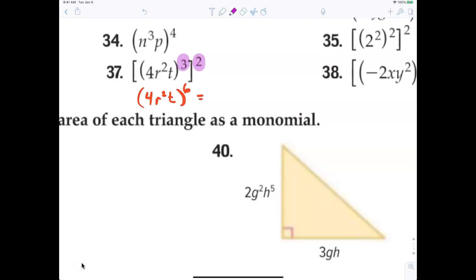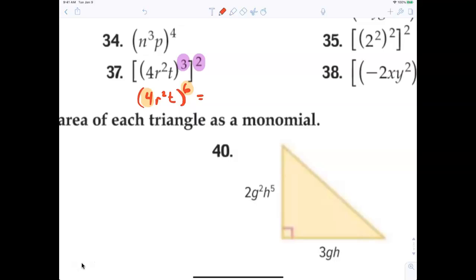The reason I'm saying wait for a second is because this is a little unusual because we have 4 to the what? 4 to the 6th, right? Do I expect you to know that 4 to the 6th is 4096, I believe.